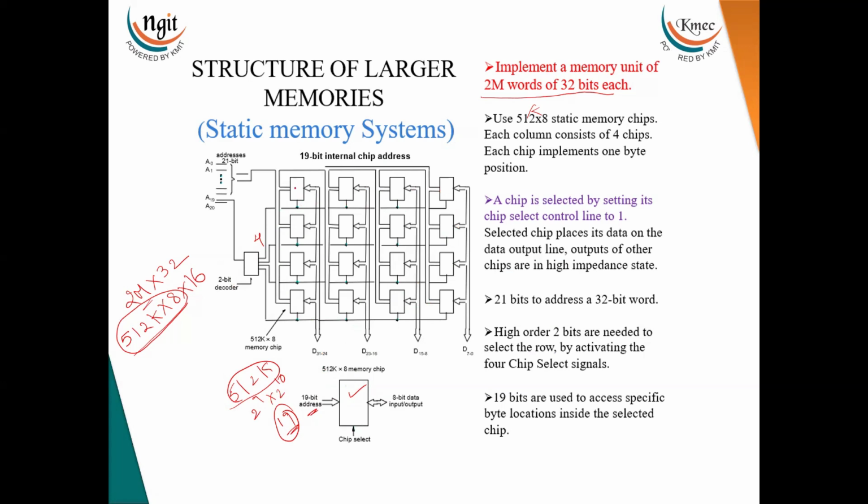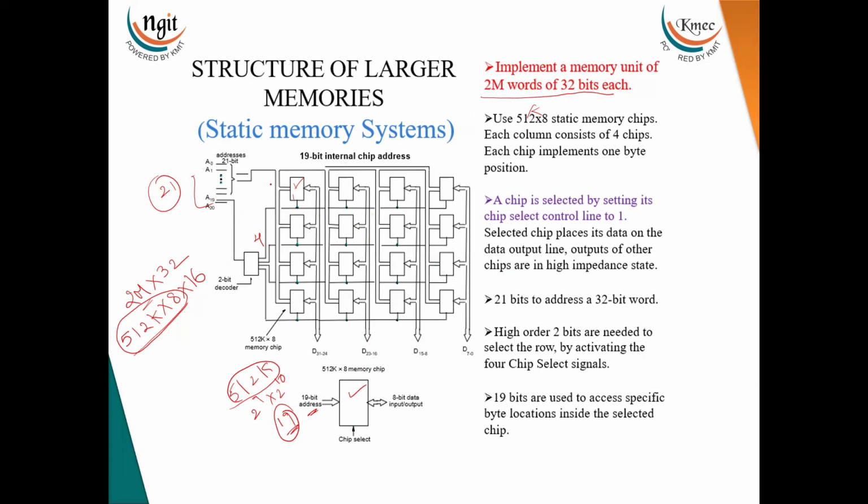If I wanted to select a row and a column in this chip, I need the 19 address lines. And similarly, to select any one of the rows, I need 2 bits.